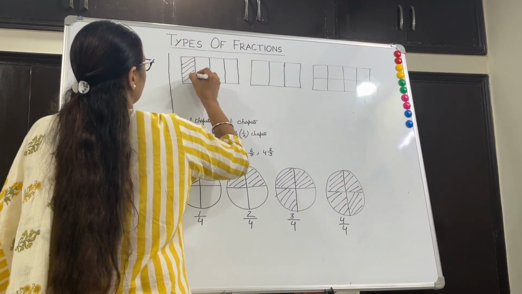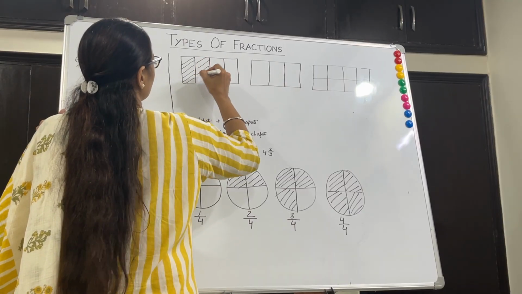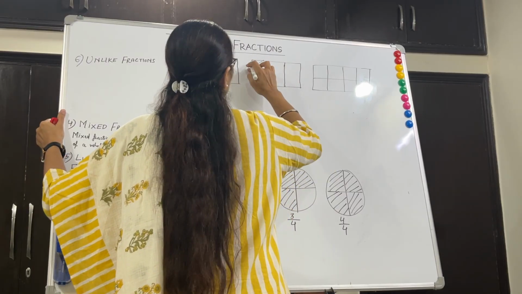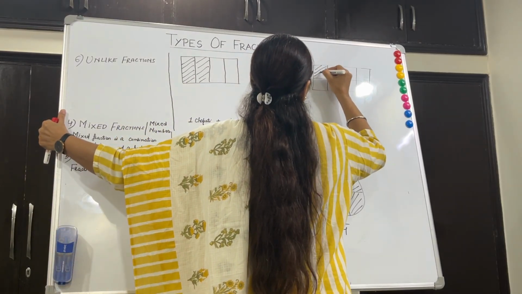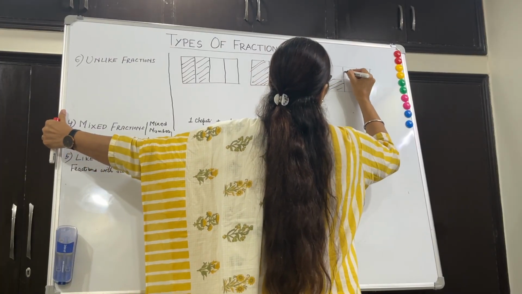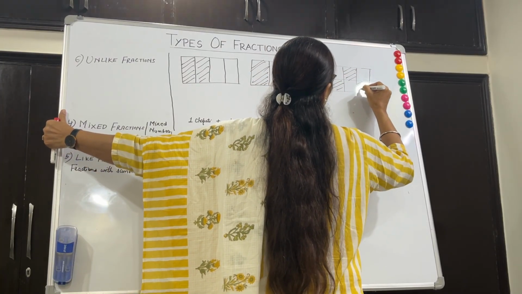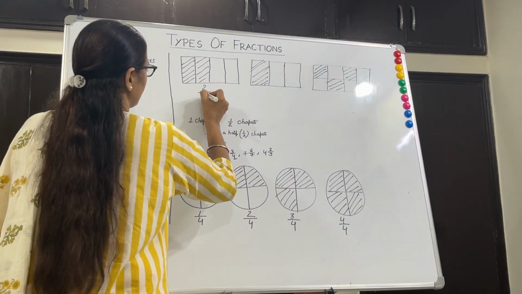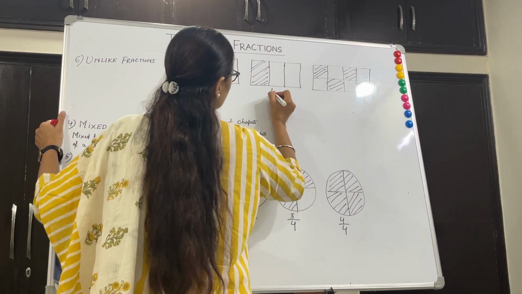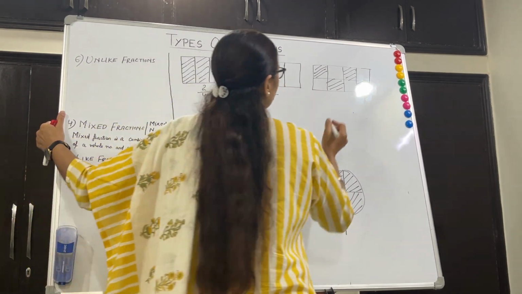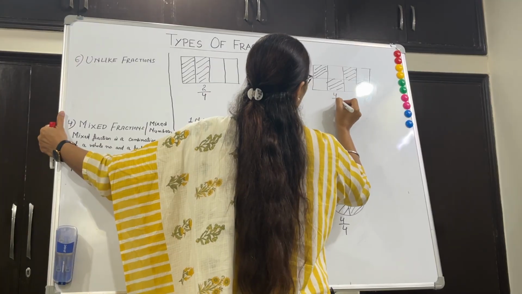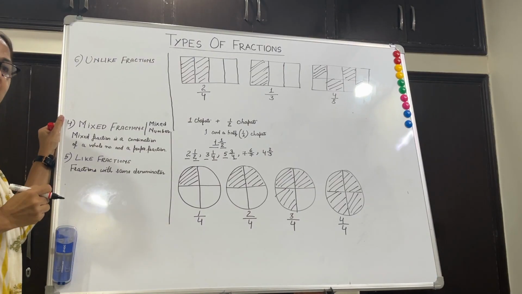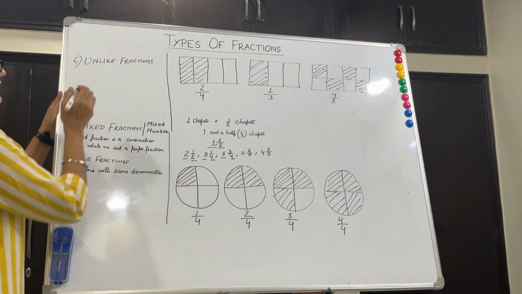Here I'm shading 2 parts, shading 1 part, shading 4 parts. Fraction for this is 2 upon 4. Fraction for this one is 1 upon 3. Fraction for this is 4 upon 8. So these fractions have different denominators. So these are called unlike fractions.